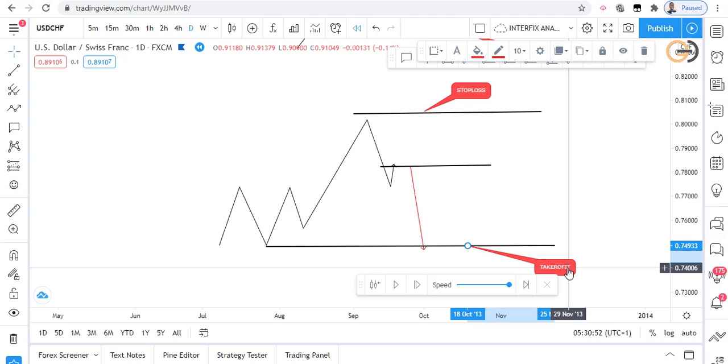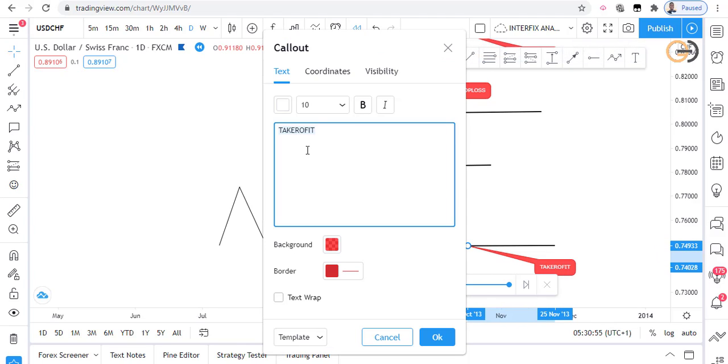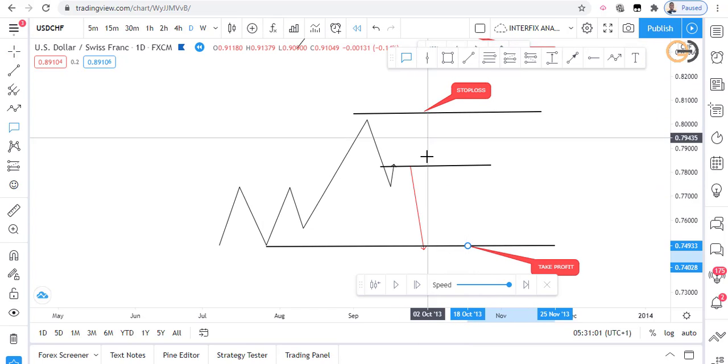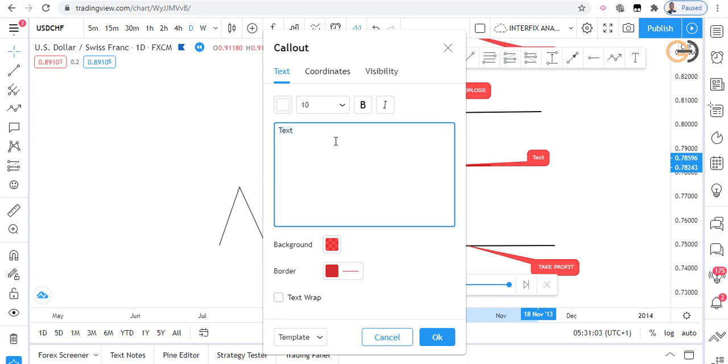You take profit here. Okay, and here is your entry into the market.